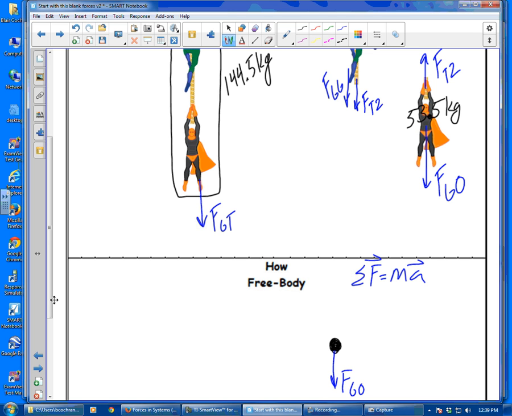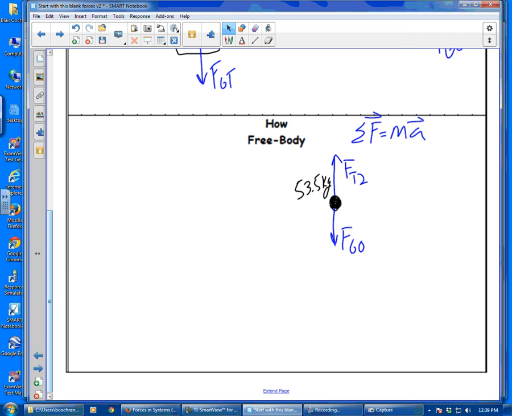So the weight of Orange Boy is down, force of tension 2 is up, and he has an inertia of 53.5 kilograms. So, now putting that in, I get FT2 minus the weight of Orange Boy equals his mass, 53.5 kilograms, times the acceleration 0.